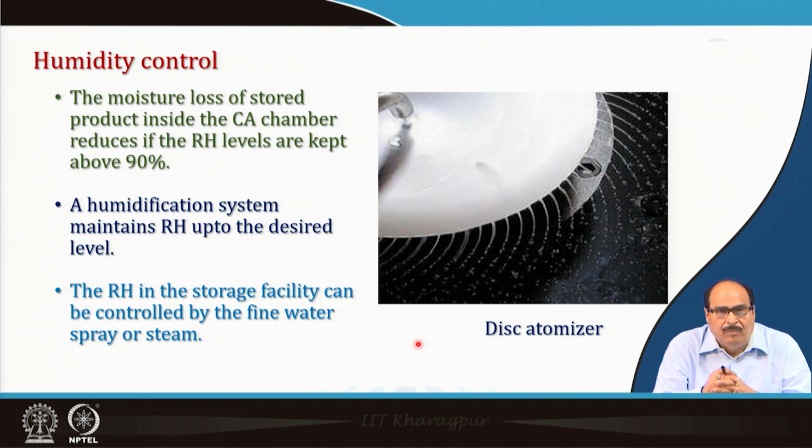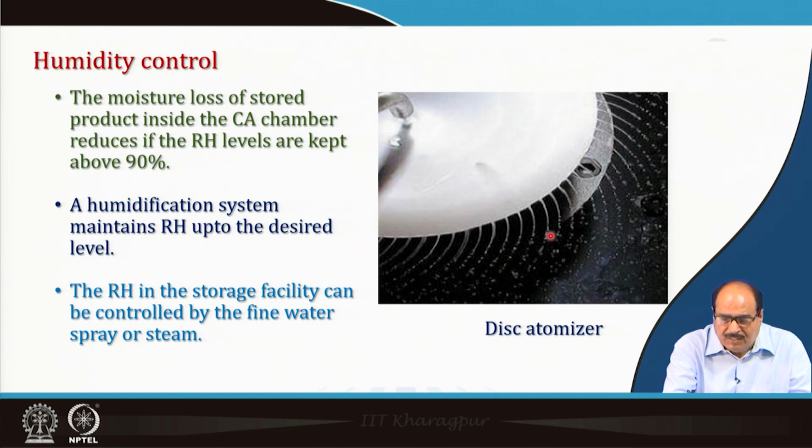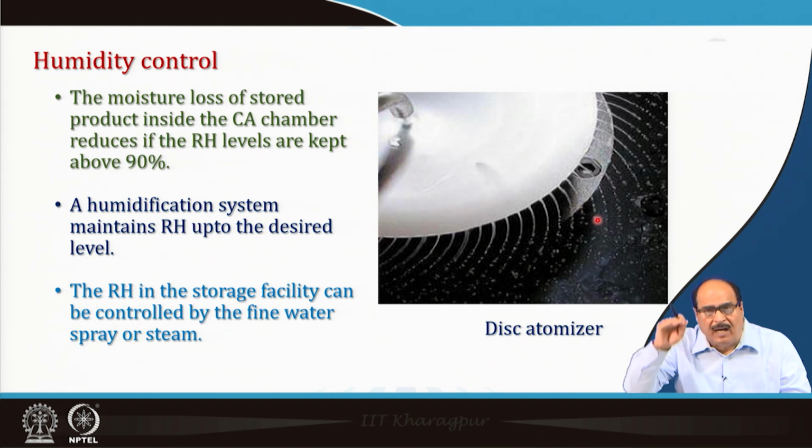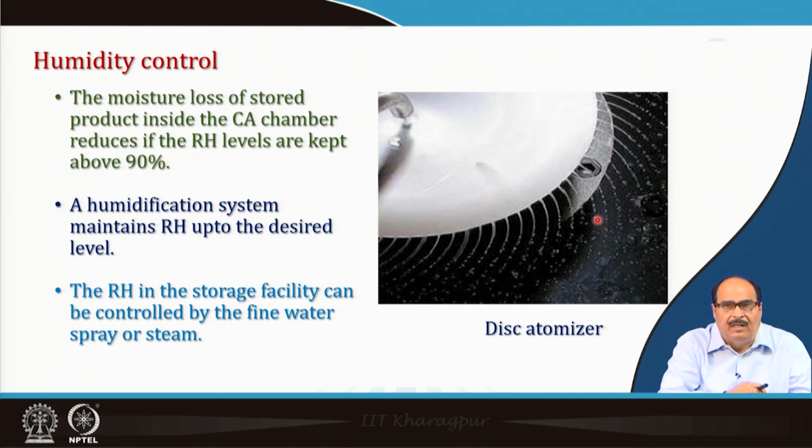So, the relative humidity in the storage facility can be controlled by fine water spray or steam, that is, here the mist, a fine water spray, where the disc circulates and through these holes the water is sprayed. So, if you want to increase the humidity or decrease the humidity, accordingly either water spray or steam spray is done.